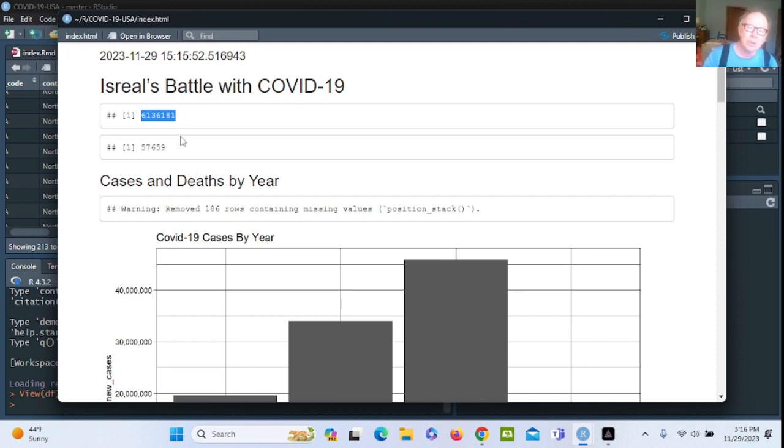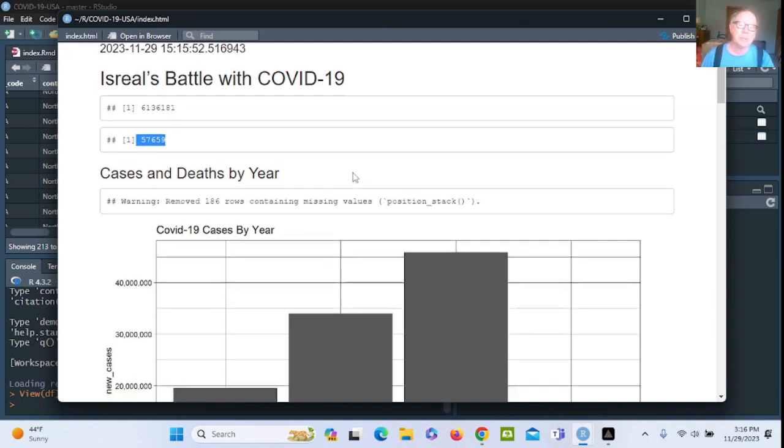In that short, I said, how about 52,000 deaths? But what about cases? For the previous 365 days, we have 57,659 deaths, 6.1 million cases. So my number of 52,000 isn't a bad number. So apparently, 57,000 plus deaths for the previous 12 months is acceptable.